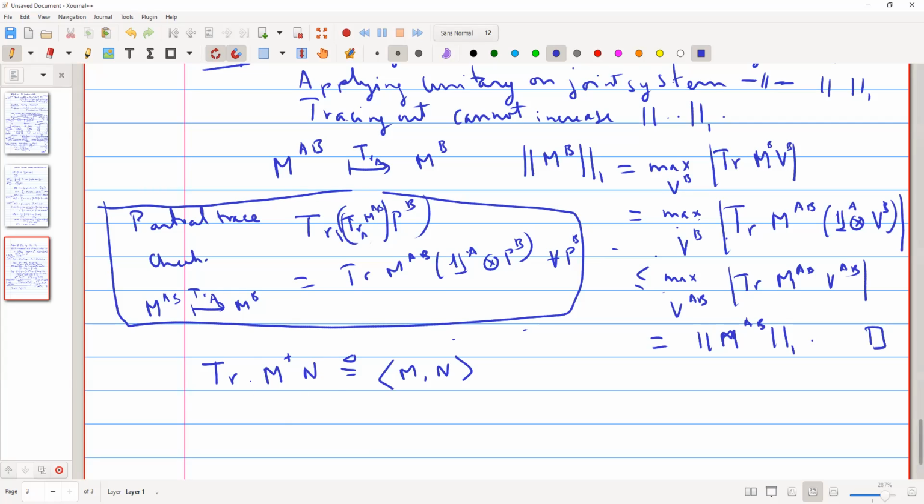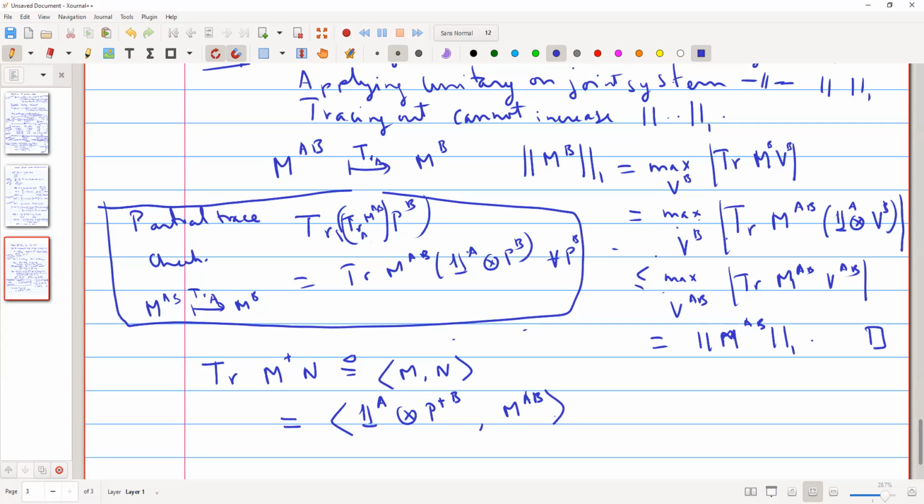Now all I'm saying is that the right hand side of the above one is identity on A tensor, and because I did not put a dagger, I put a dagger here. So this is a certain inner product.